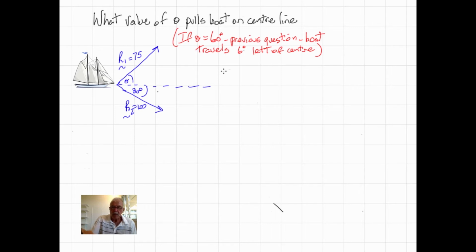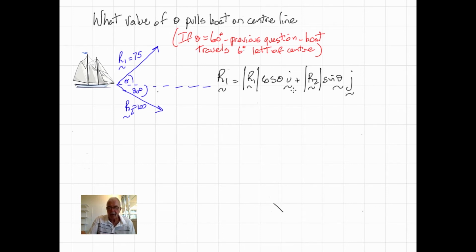So let's go back to what we did before, and we'll resolve each of the forces. So R1 is equal to the absolute value of R1 cos theta I plus the absolute value of R1 sine theta J. So I've resolved this R1 into its I and J components.